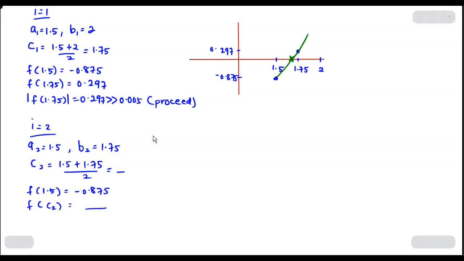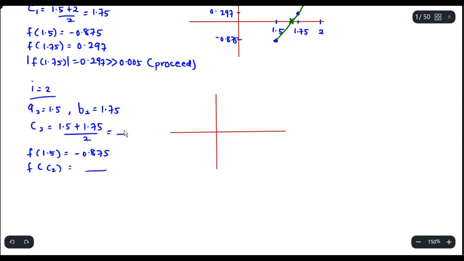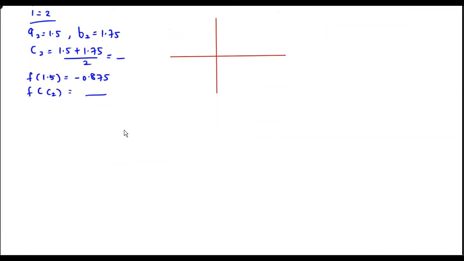So you find the value and you draw one more time to see what is your value of A3 and B3 at the next iteration, i equals 3, and so on.